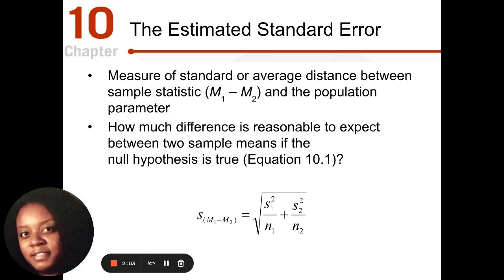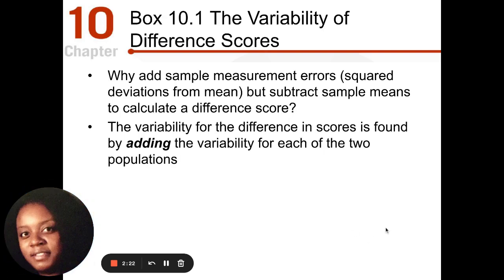The estimated standard error is a measure of the standard or average distance between the sample statistic and the population parameter. How much difference there is reasonable to expect between two sample means if the null hypothesis is true. We also have to consider the variability of the differences between the scores.